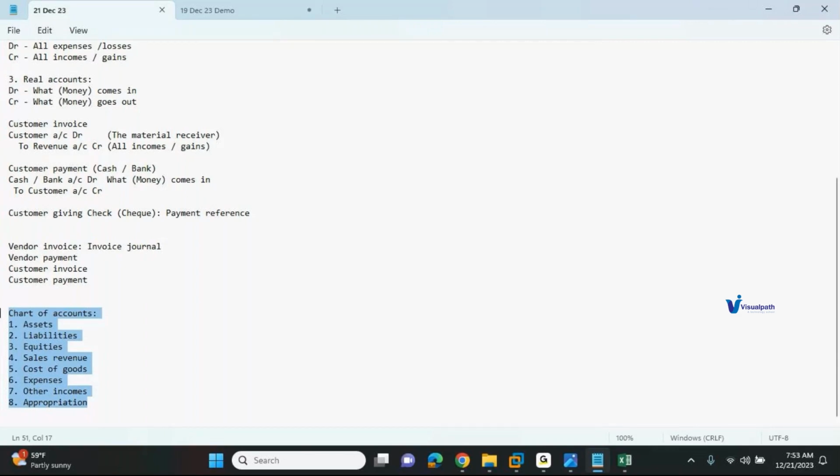You will get confused whether you need to take left hand drive or right hand drive. So one way you need to learn. Chart of accounts are classified into 1 assets, 2 liabilities, 3 equities, 4 sales revenue, 5 cost of goods, 6 expenses, 7 other incomes, 8 appropriation. Later on, if you want to modify, you can modify as you wish.